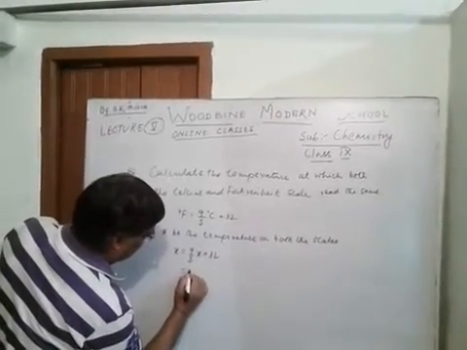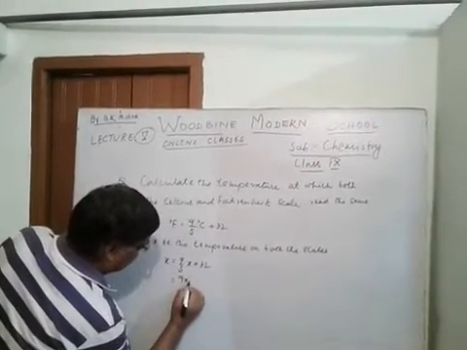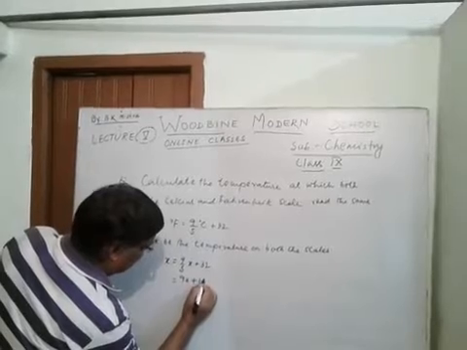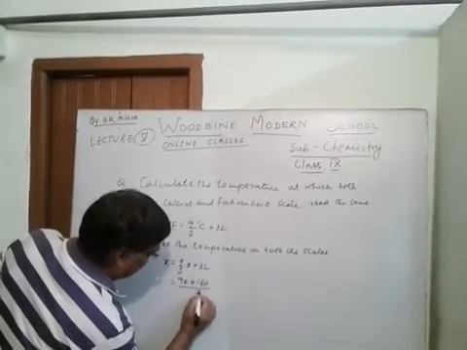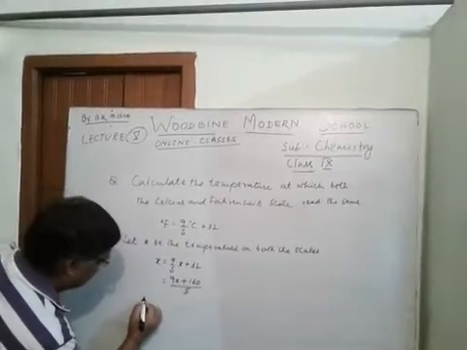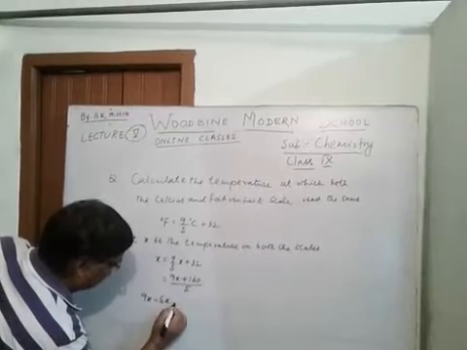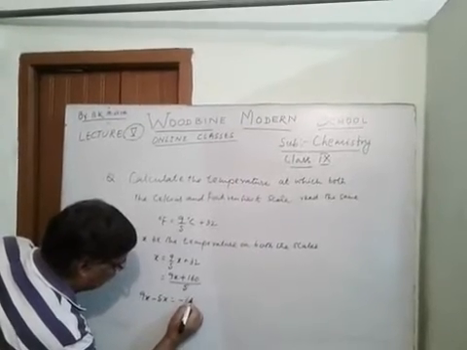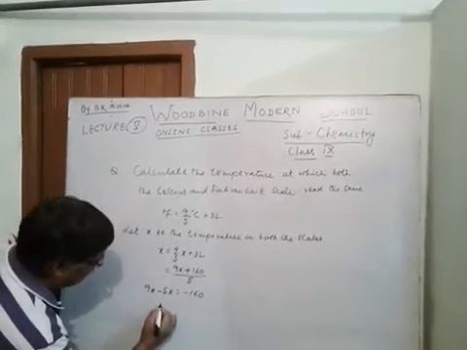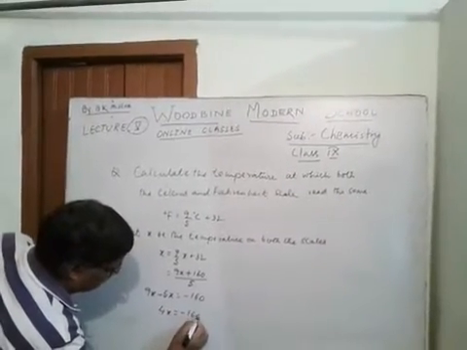Now 5x equal to 9x plus 160, divided by 5. Now 9x minus 5x equal to minus 160. This is 4x equal to minus 160.